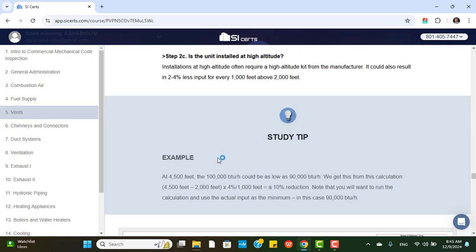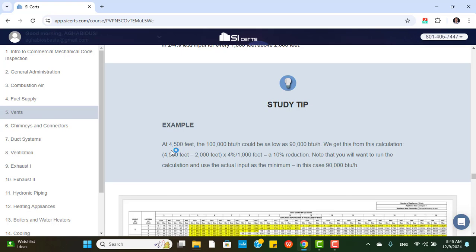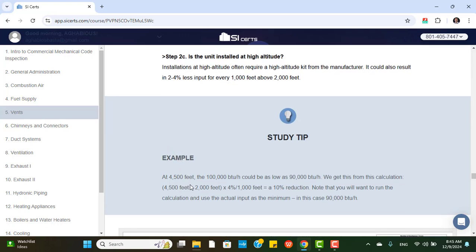Study tip example: at 4,500 feet, the 100,000 BTU per hour could be as low as 90,000 BTU per hour.